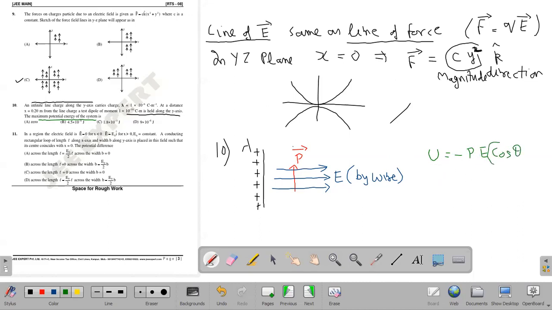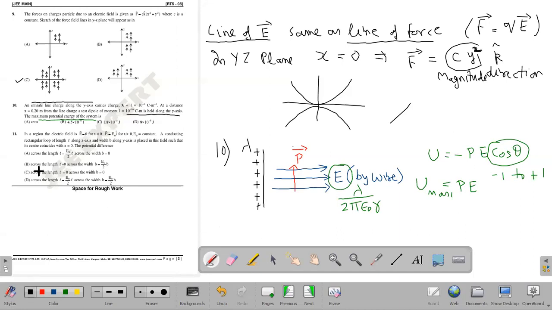And we all know that cos theta has a range between -1 to +1. So the maximum potential energy of the dipole can be obtained by simply the dipole moment times the electric field. And this electric field which is created by this infinitely long wire will be lambda over 2 pi epsilon 0 r.